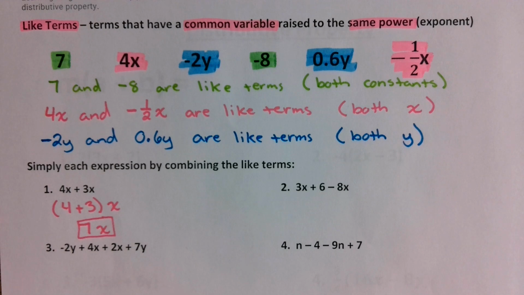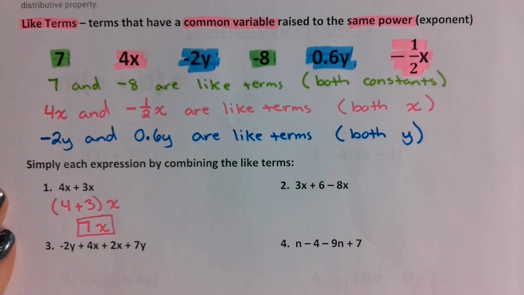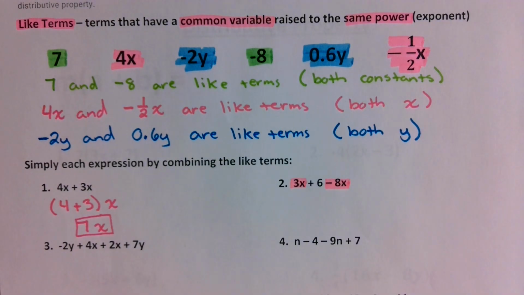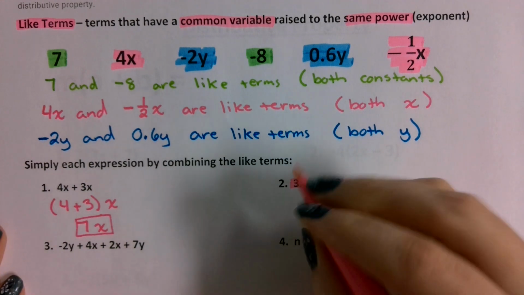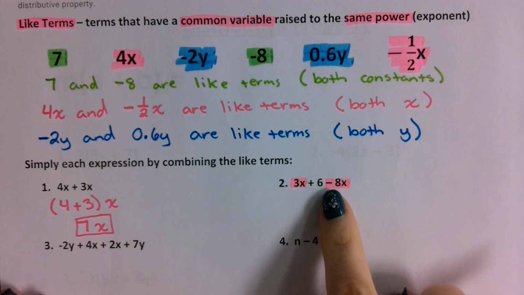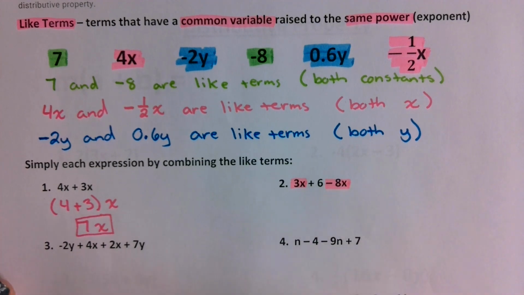Sometimes you might have other terms that don't have a like partner, and therefore you can't simplify or combine them with anything. But for problem number 2, we do have the 3x and the negative 8x that can be combined together. I can rewrite this because remember, this technically is the same as adding negative 8x through the additive inverse. You can add the opposite instead of just doing subtraction.